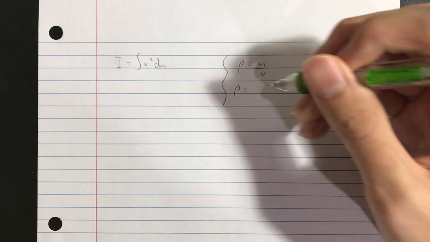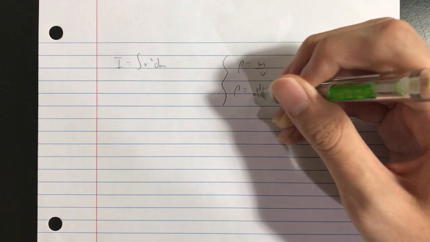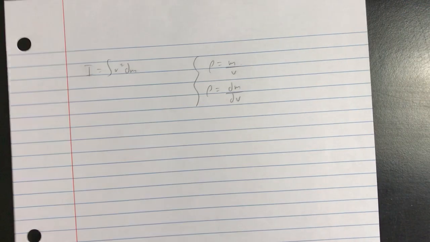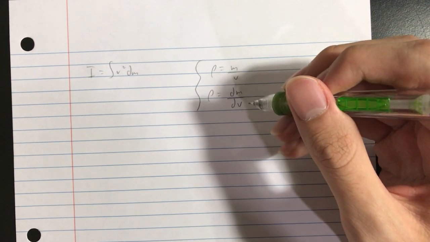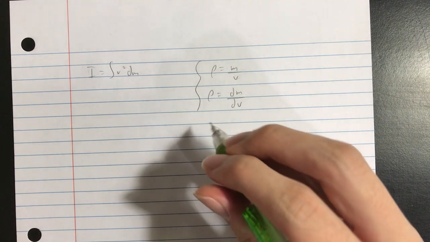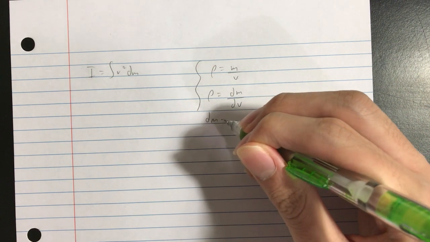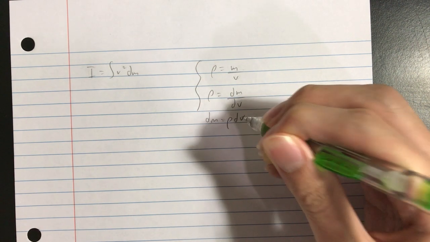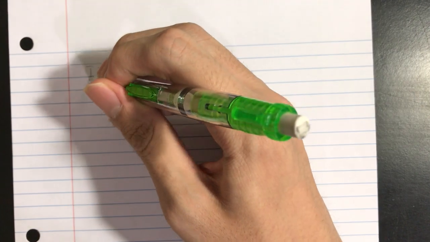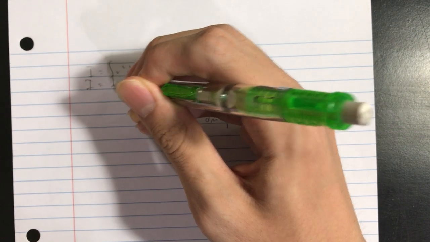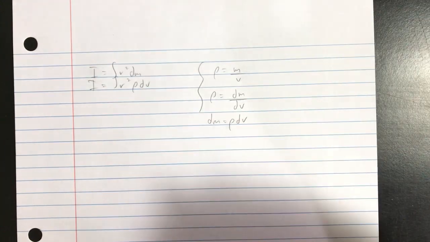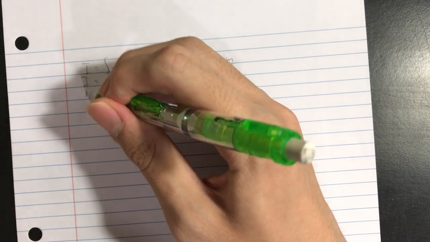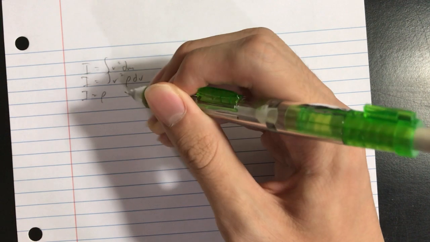And the density also equals the change in mass over the change in volume. To isolate for dm, we can multiply dV over. So we get dm equals density times dV. We'll add that here: r squared, dm equals density times dV. And we can move the density over because it's a constant.